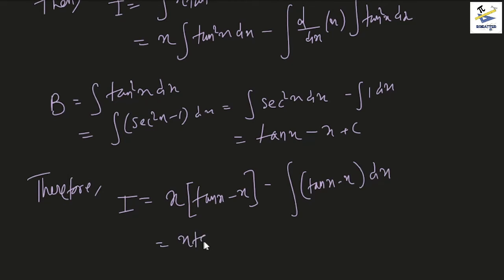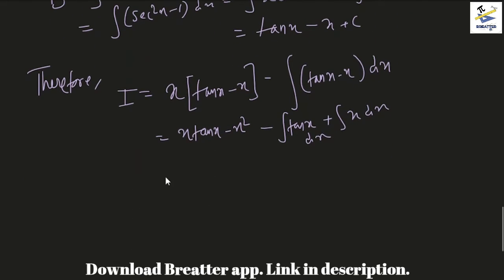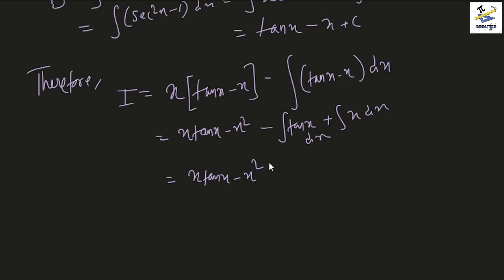So this becomes x tan x minus x square minus integral of tan x dx plus integral of x dx. This would give us x tan x minus x square. So the integral of tan x, as we have found previously, is log of sec x. So this is log of sec x, and this would be x square by 2, and then there would be a plus c. So this is the answer.